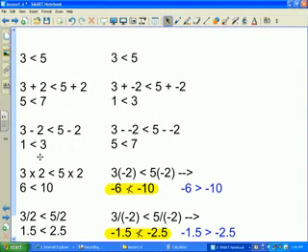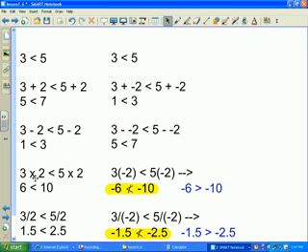Now, same concept, but now I'm subtracting, so I subtract positive 2 from both sides from that original inequality, and I still have a true simple inequality, 1 is less than 3. If I subtract negative 2 from both sides of that simple inequality, I still have a true simple inequality, 5 is less than 7.